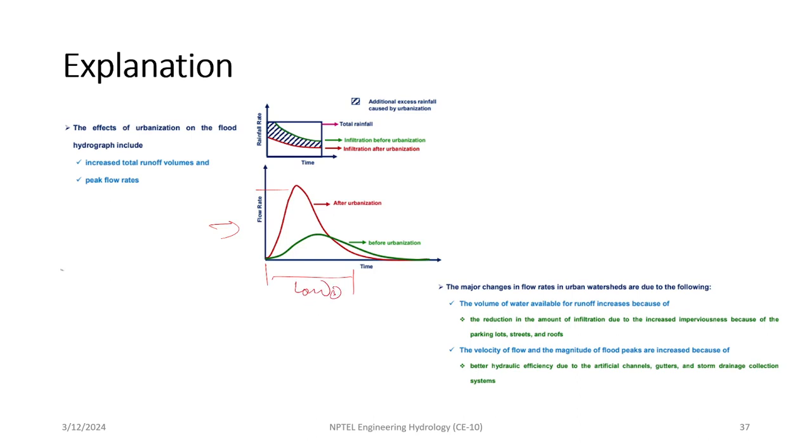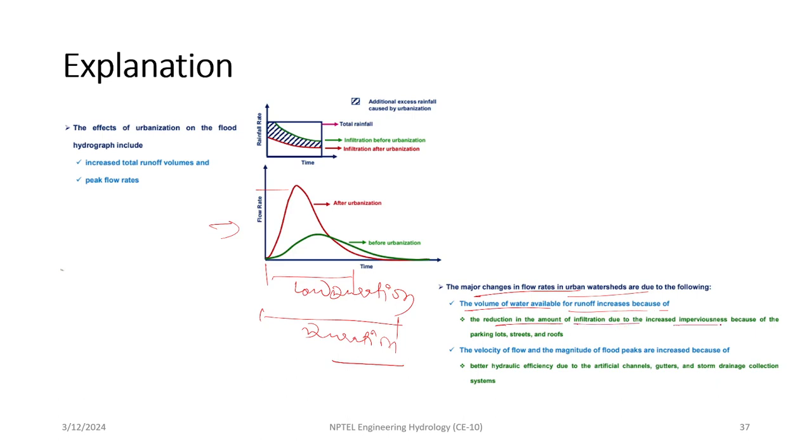In the other case, before urbanization, duration was more and peak was less. So what are the major changes when we have an urban watershed? The first is that the volume of water available for runoff increases, because of the reduction in the amount of infiltration.